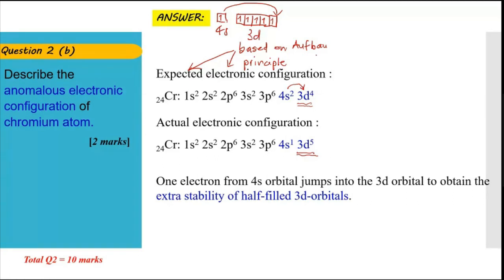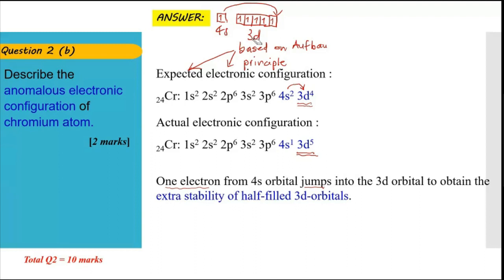All right. So partially filled, fully filled, means the number of electrons in each orbital is the same, either single or paired. That makes the configuration much more stable. Another reason why the 4s electron can jump into the 3d is that the difference in energy between 4s and 3d is small.